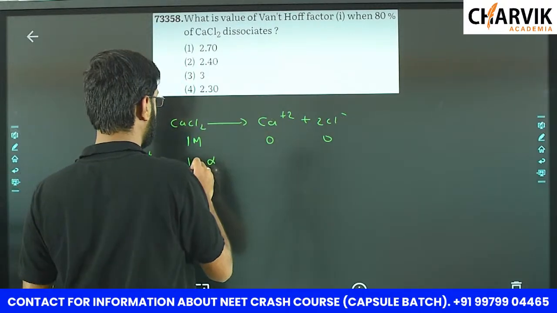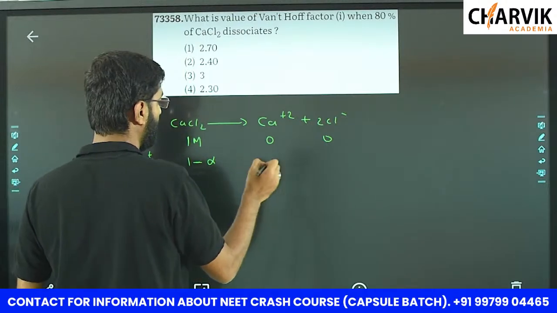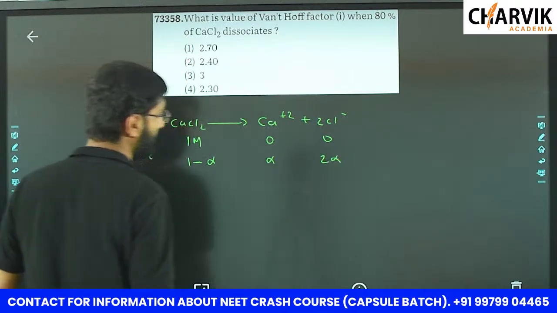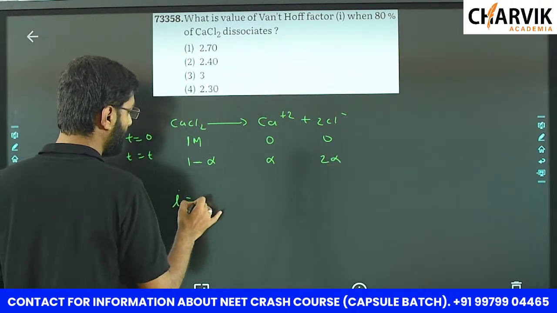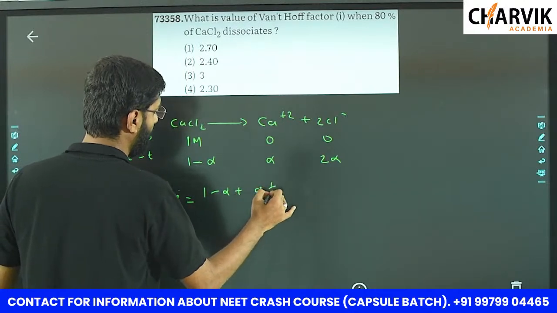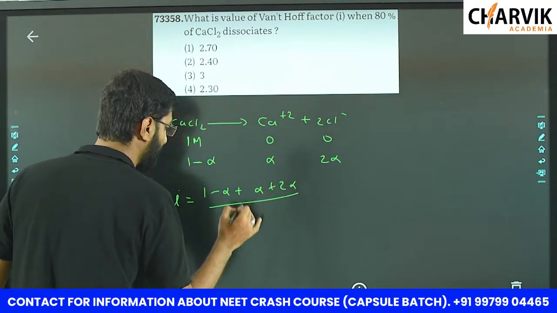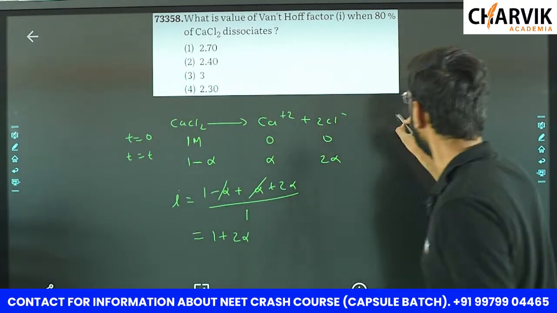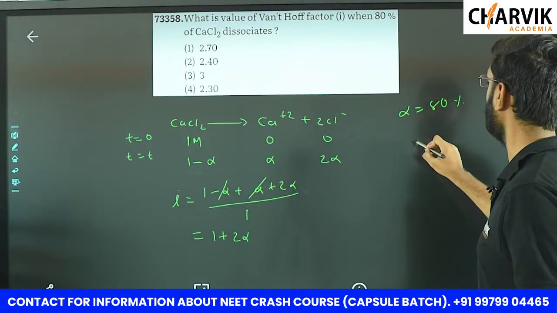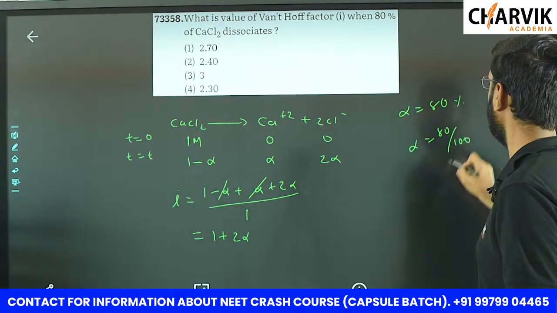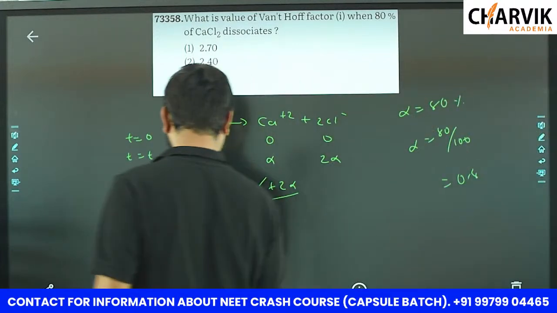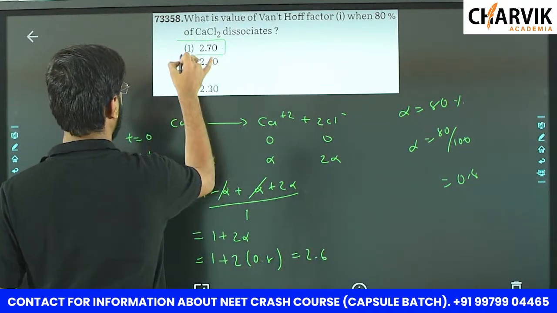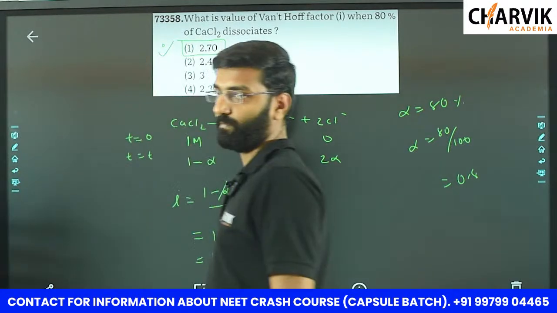So if the degree of dissociation is alpha, then 1 minus alpha, Ca2+ produced will be alpha and 2Cl- produced is equal to 2 alpha. So i is equal to 1 minus alpha plus alpha plus 2 alpha divided by 1. Alpha cut, you will get 1 plus 2 alpha, and alpha is given 80%, right? So alpha is equal to 80 by 100, and you will get 0.8. So 1 plus 2 into 0.8, you will get 2.6. Your correct answer is 2.6. Done?